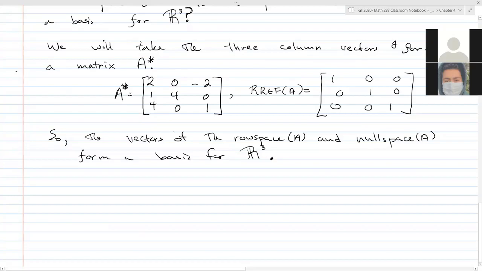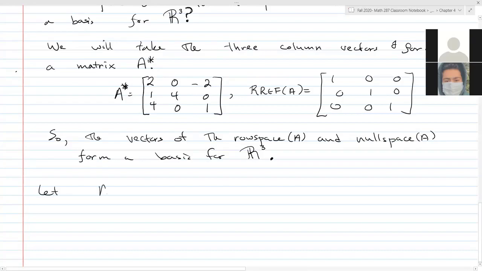For the null space, you have to use the RREF of A, the reduced row echelon form, in order to find the null space. For the column space, you can use either. Oh, okay. Thank you. You're welcome.